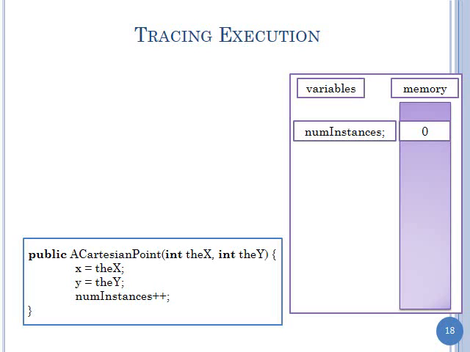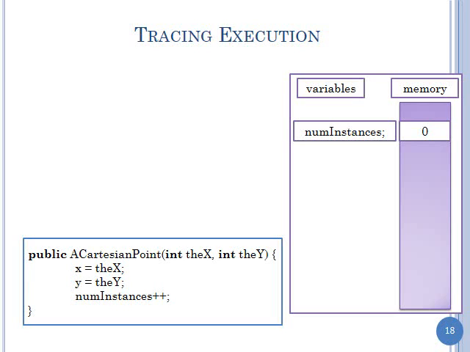So that's more or less true. It could either do it when the class is loaded in memory, and the class will be loaded in memory when you construct the first instance. But once the class is loaded in memory, the variable is there. It's not going to get garbage collected.